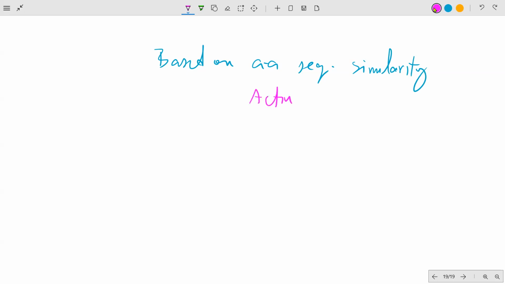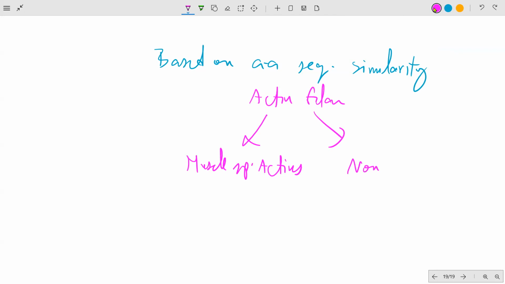To make it more complicated, we know based on the amino acid sequence similarity, ये जो actins हैं, they can be divided into two groups. ठीक है. तो जो actin proteins हैं और जो actin filaments हैं, they can be actually divided into two groups. देखो, one is the muscle specific actins, and the second is the non-muscle actins.